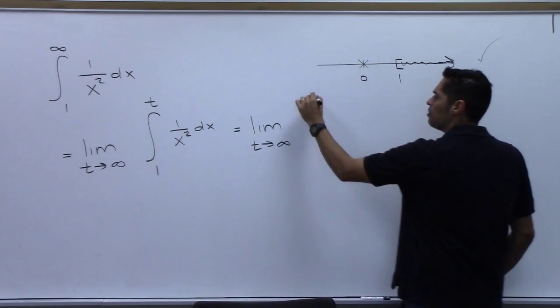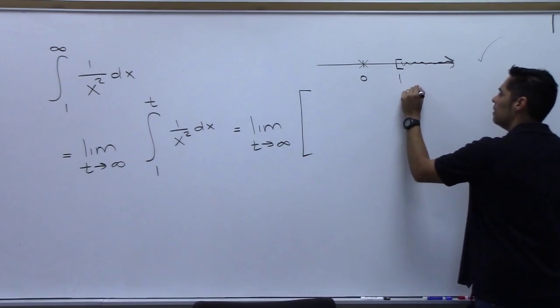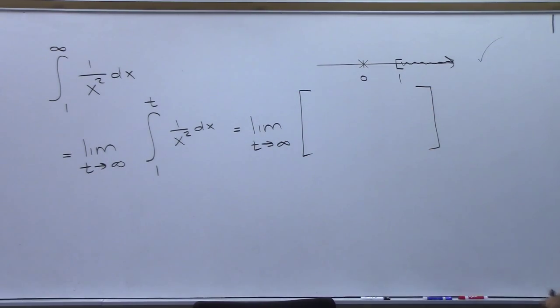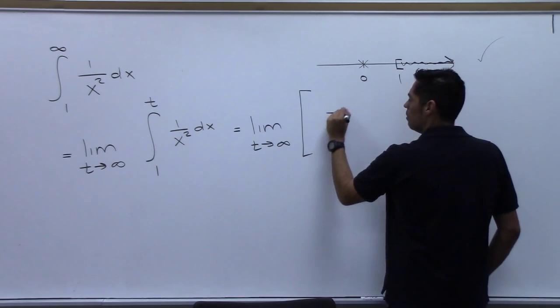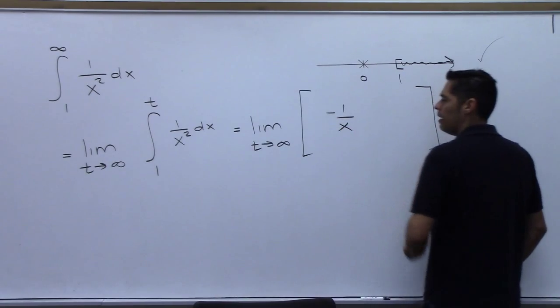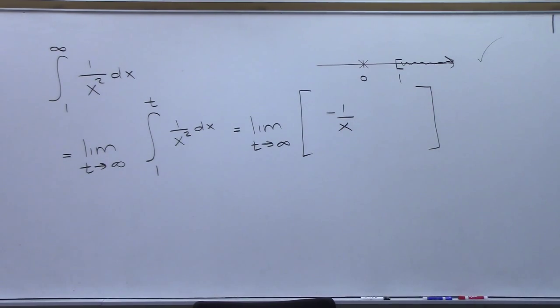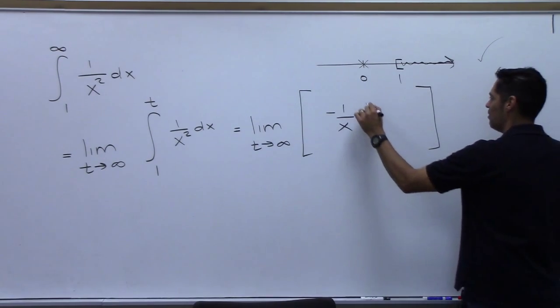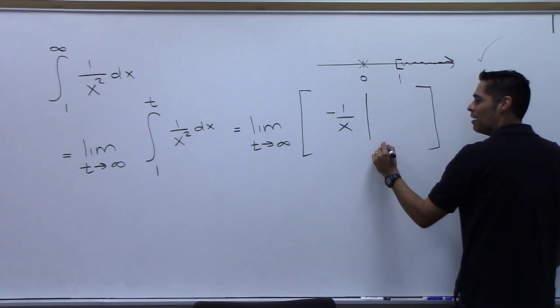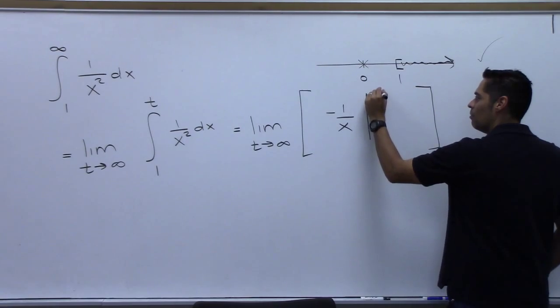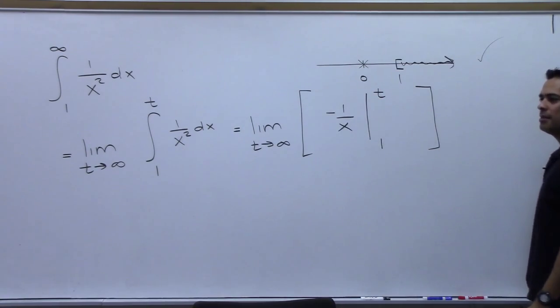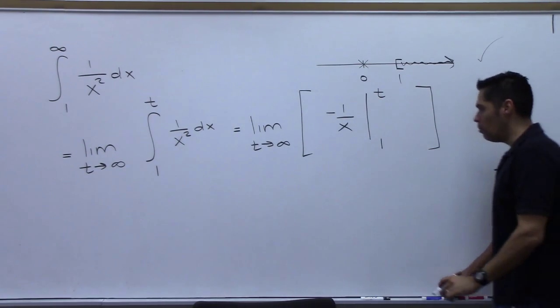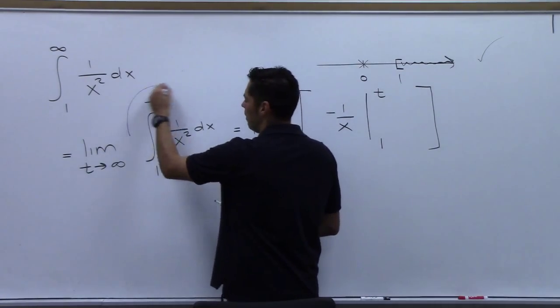What is the antiderivative of 1 over x squared? Negative 1 over x? And we're evaluating that from where to where? 1 up to t, right? Like this. So what I've done is focus all my attention on this.